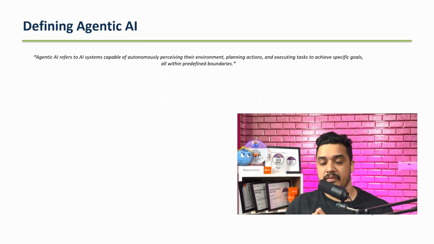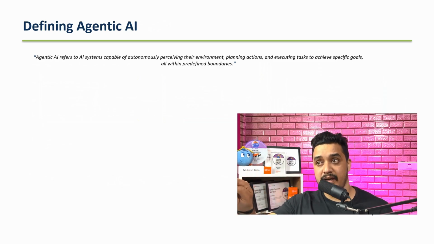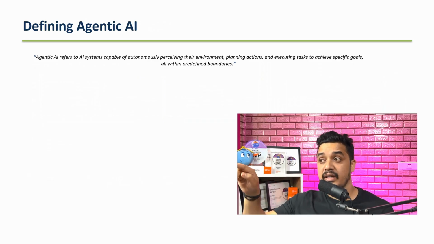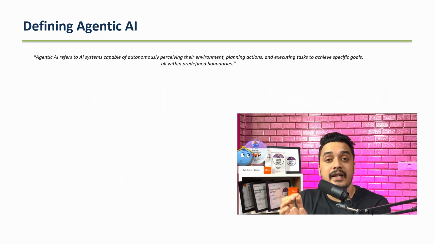Okay, so next let's jump to the formal definition of agentic AI and see what all it can do. If I go by the definition, agentic AI refers to AI systems capable of autonomously perceiving the environment, planning the actions and executing tasks to achieve specific goals, all within predefined boundaries, right?